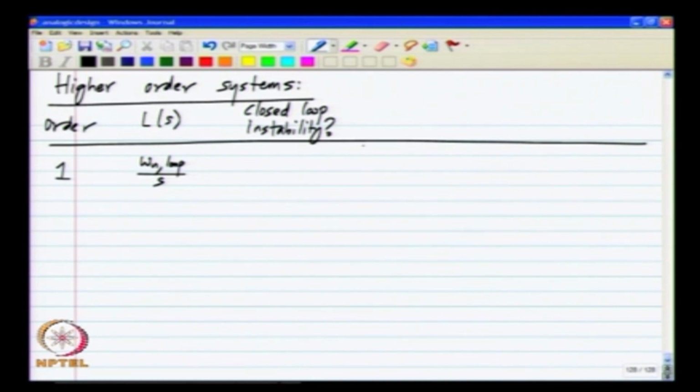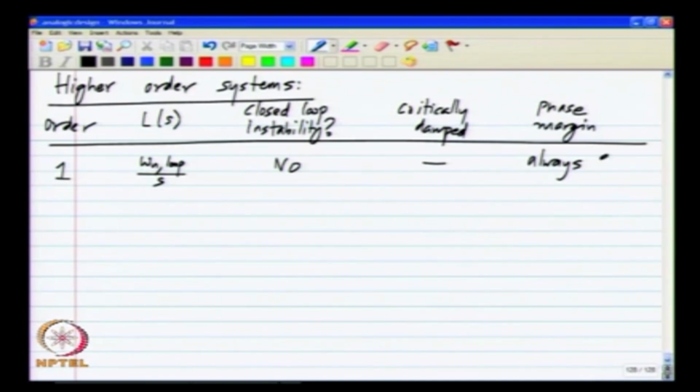And we know that this is unconditionally stable and it will never happen like that. And we can also ask when it is critically damped, and for this particular system it is irrelevant, there is never any overshoot in the step response, the step response is of first order, and the phase margin is always 90 degrees.